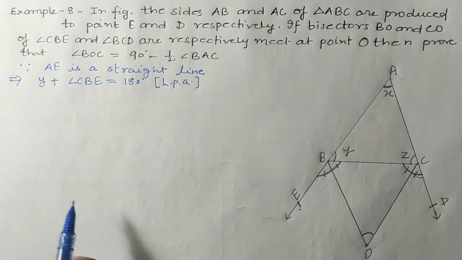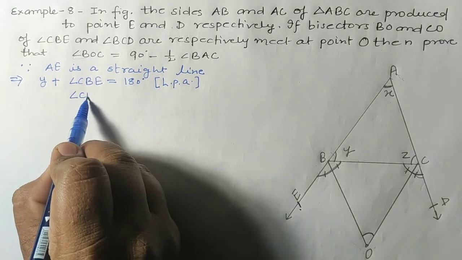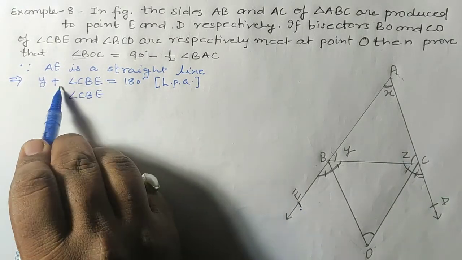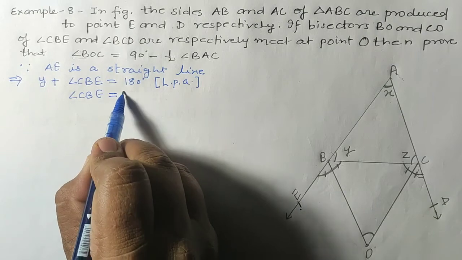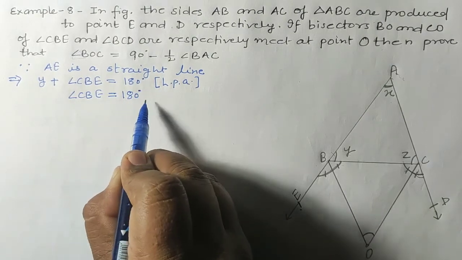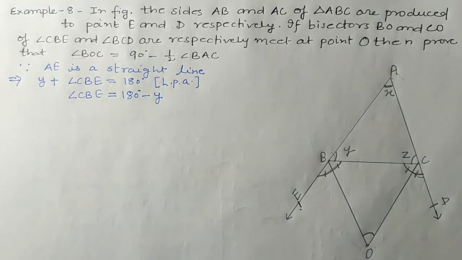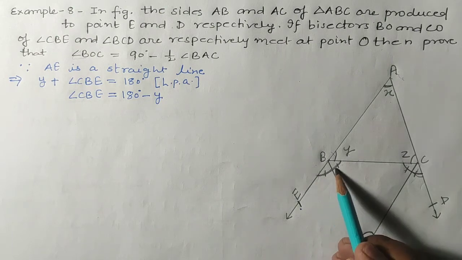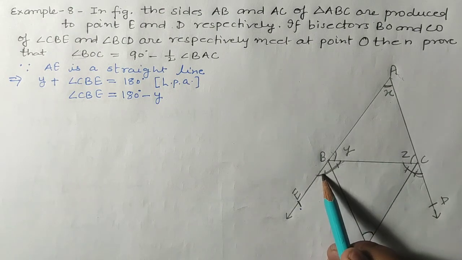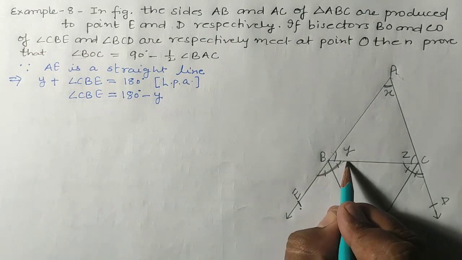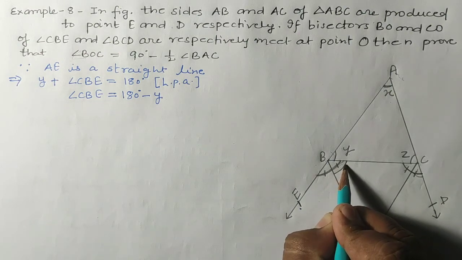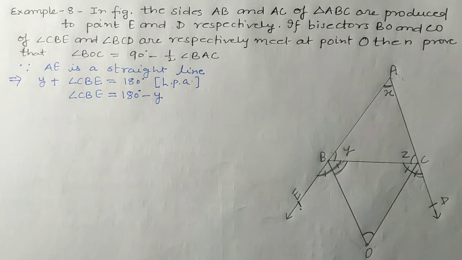So what will be the value of angle CBE? This Y will be shifted, then it will be 180 degree minus Y. So this whole angle is 180 degree minus Y. But if we want to calculate only this angle, then what will it be?